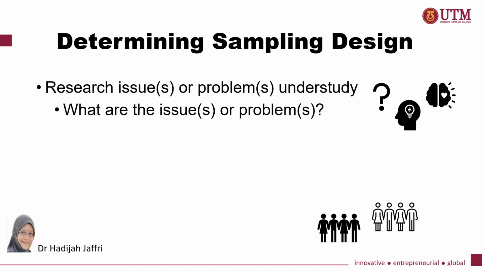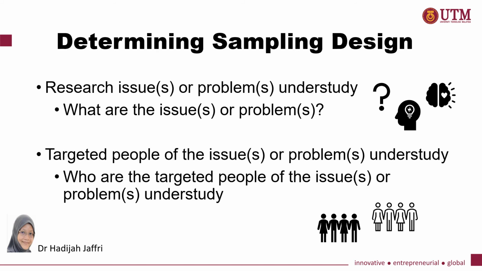Next, we have to look at who are the targeted people of the issue or problems under study. Meaning we are looking at who are the people that we are exploring the issue from. And this will lead us to the next point, which is the things that need to be considered for selecting sample.